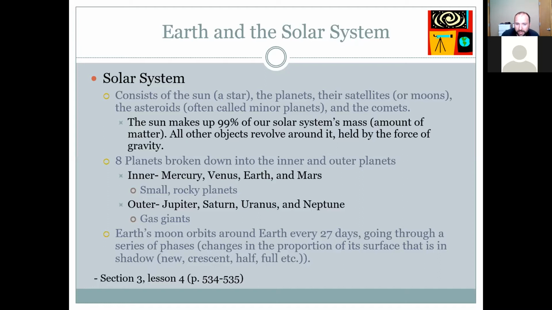And what you're seeing is basically the proportion of its surface that's in shadow. As we see the moon, it's not really going away, right? It's just a larger or smaller portion of it is in shadow versus in light. So it's kind of how it's positioned relative to the sun and the Earth.